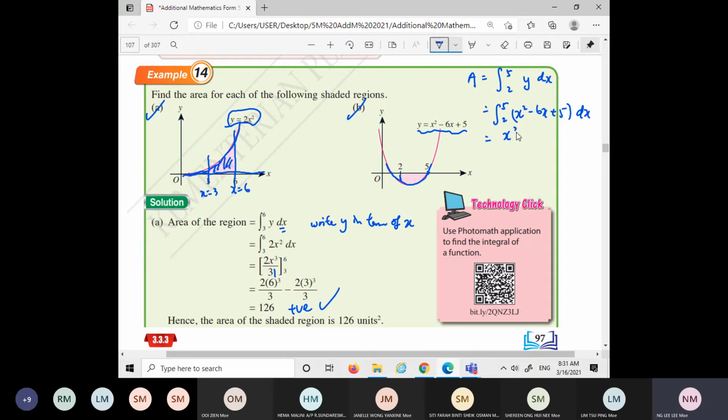Okay, integrate this. So the power goes up: x cubed over 3, minus 6x squared over 2, plus 5x, from 2 to 5. Then substitute 5, minus, substitute 2.